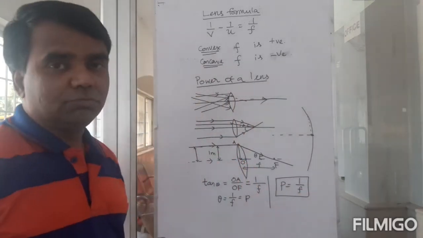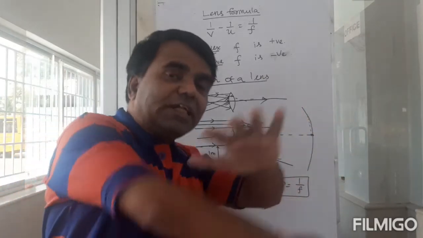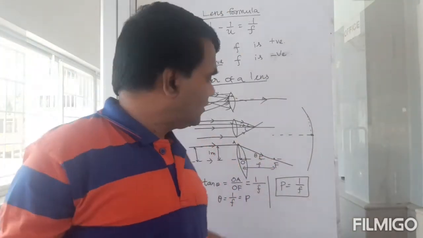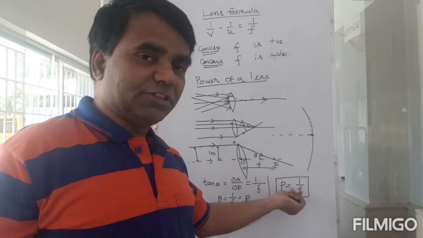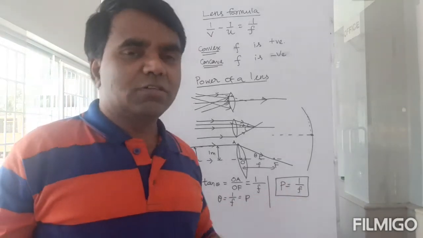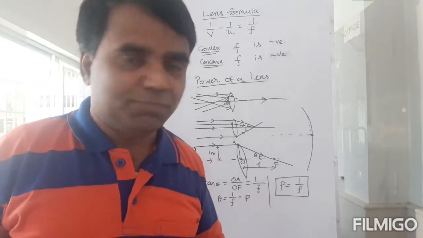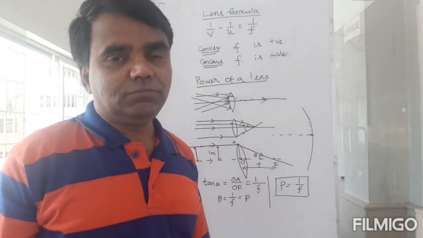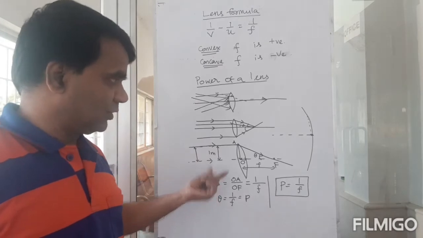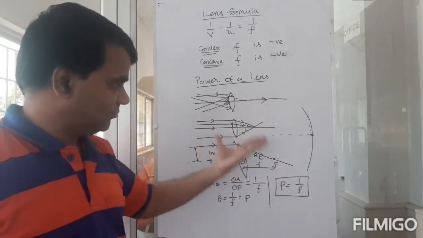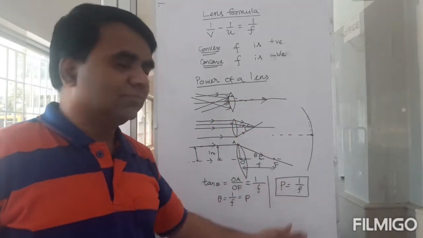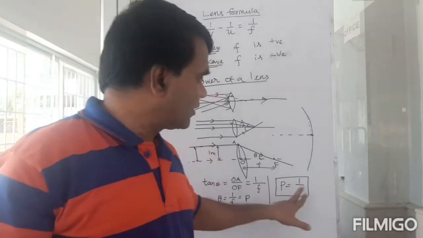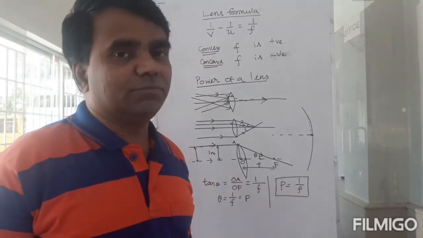So even though we have done it for a really big lens, once you get this expression, this can be used for even a very small lens, because all you are concerned about now is the focal length. So it comes from here. How much does it bend? It does this. So the power of a lens is defined as 1 by f.